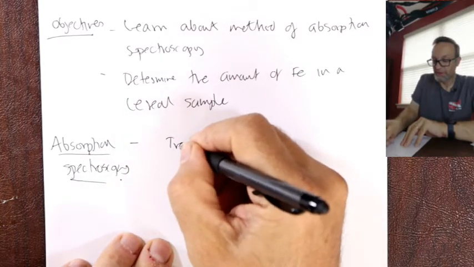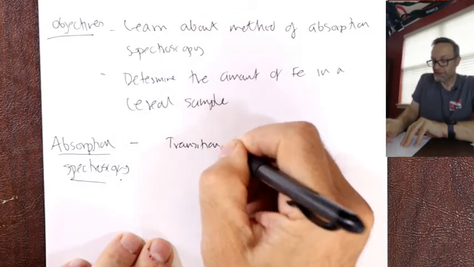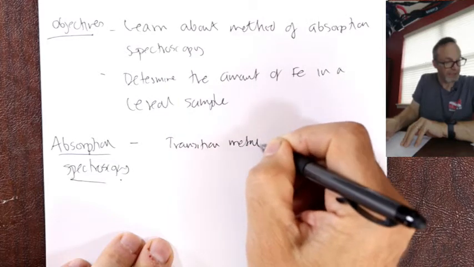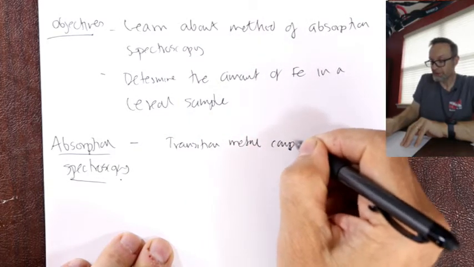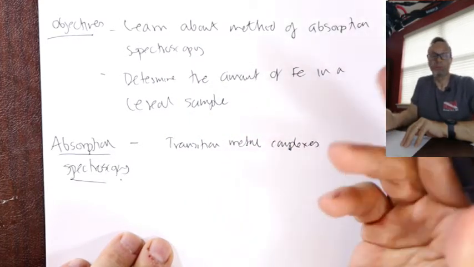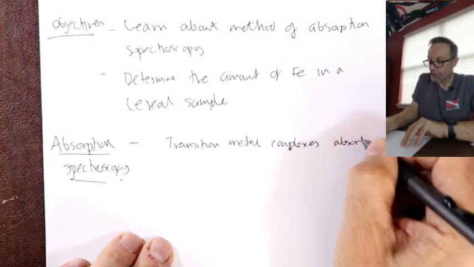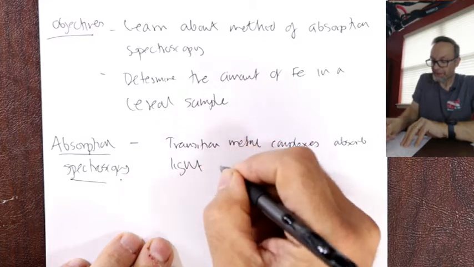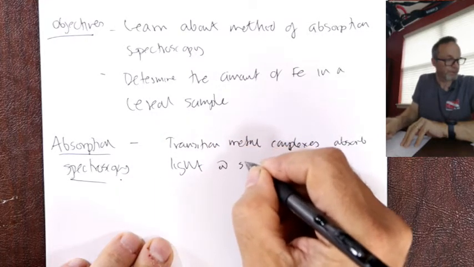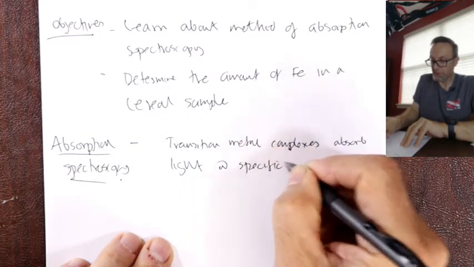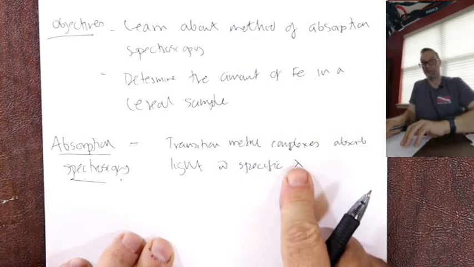Transition metal complexes. We're going to make an iron 2 solution, which is called a complex. These absorb light at specific wavelengths, and that's the symbol for wavelength.